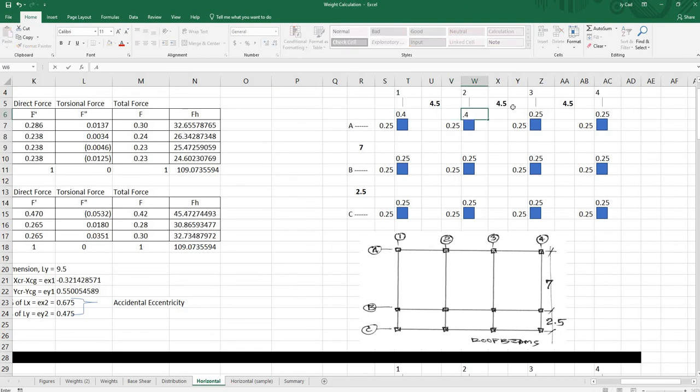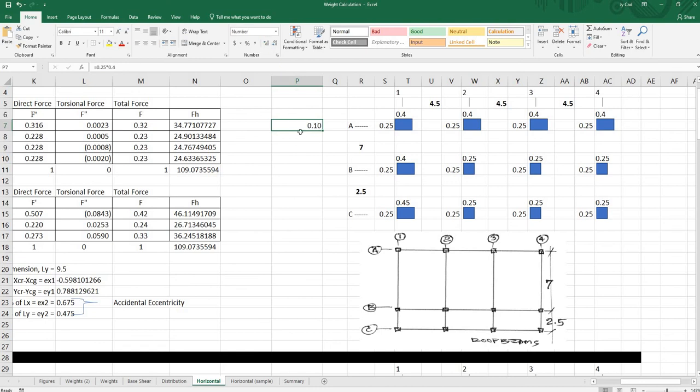Ito, 0.25 by 0.4. Ayan. So, ang column mo magiging something like this. Diba? Yan. And then, let's say, eto naman, ganun din. 0.25 by 0.4. Diba? Ngayon, parehas ang area niyan, 0.25 times 0.4, which is 0.1 square meters, ano?